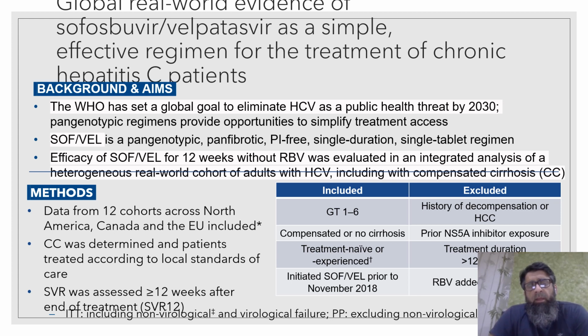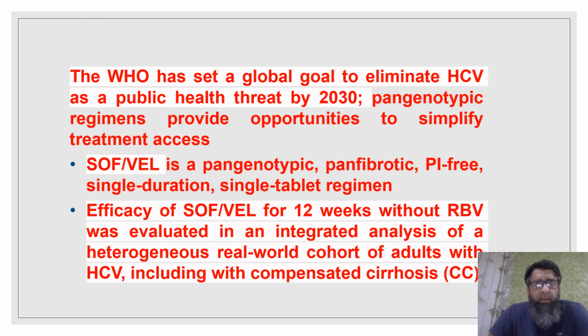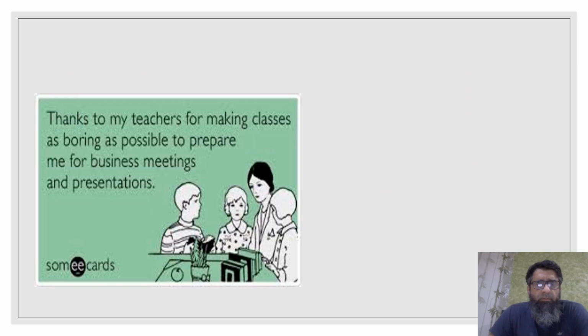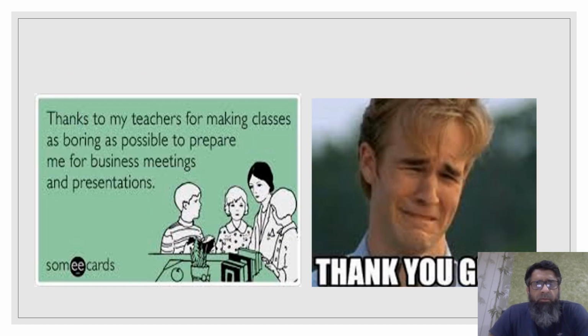Sofosbuvir and velpatasvir, a pan-genotype drug, is available, which is given for 3 months for treatment of any genotype of hepatitis C. Sofosbuvir and velpatasvir, this should be remembered, just 12 weeks of treatment. That's all about hepatitis A, B, C, D, E. Thank you.